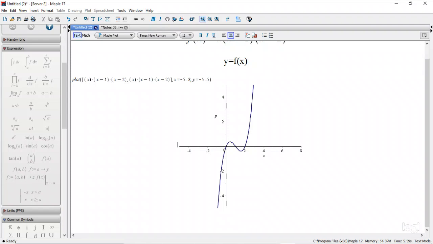So this is the original graph, and we'll put mod f(x).